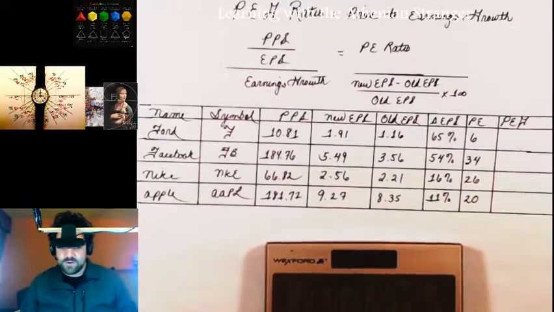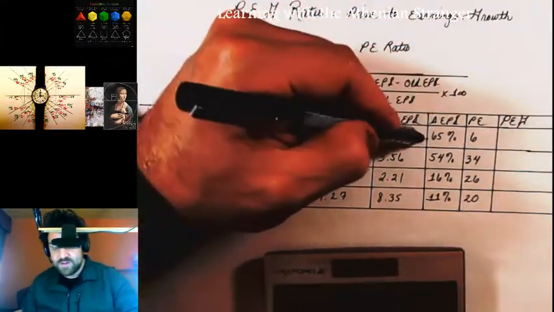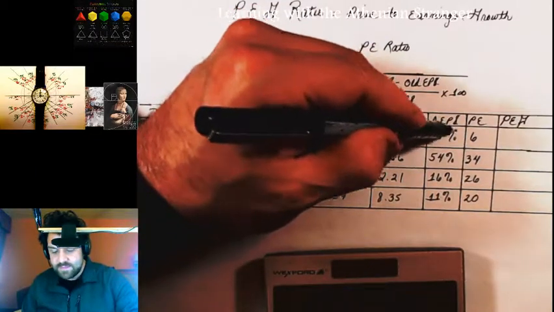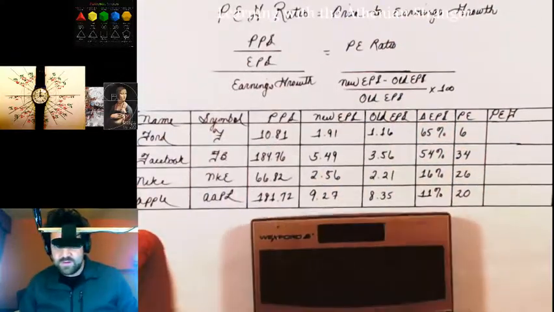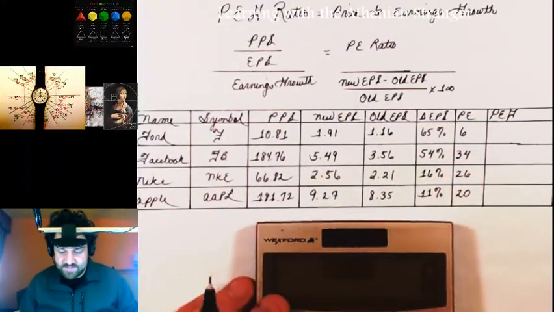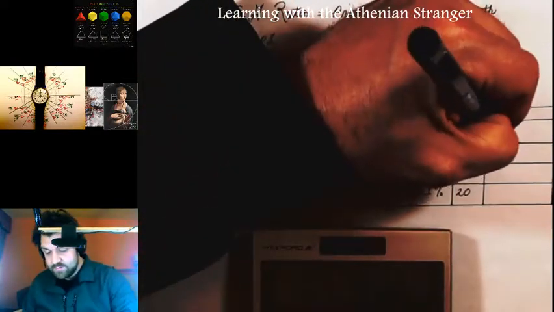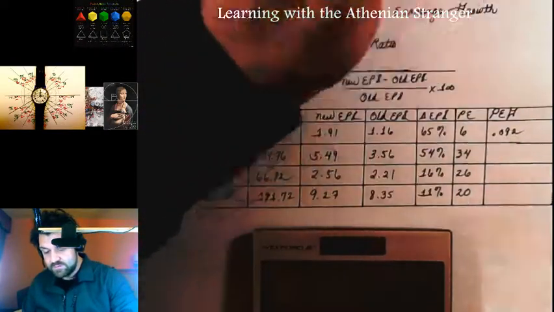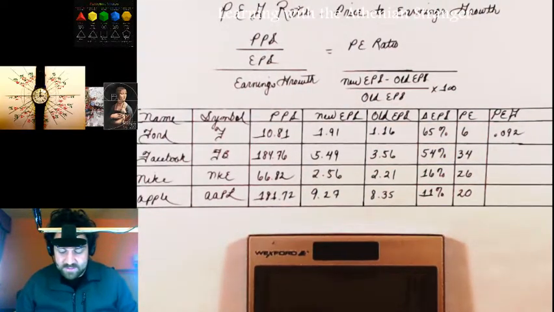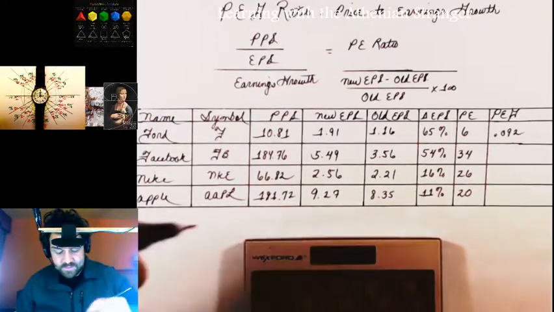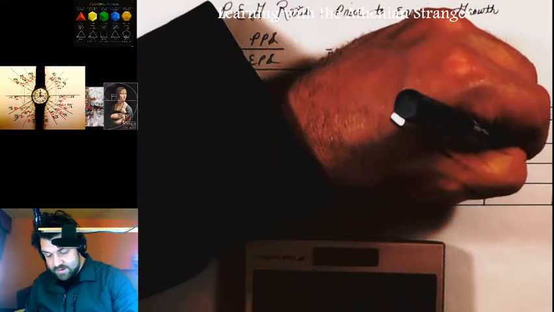All right, so now the price to earnings growth is just this number, 6 for Ford, divided by 65. Not 65%, just 65. Take the whole number. All right, so let's see how it works out. So for Ford, that's 6 divided by 65, and that gives us 0.092. Now for Facebook, that's 34 divided by 54, and that's 0.629.